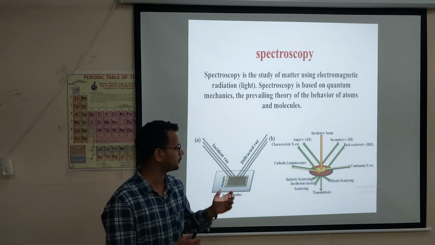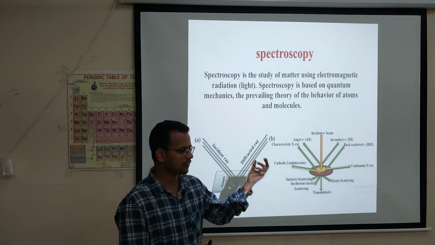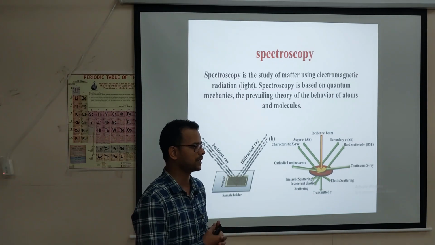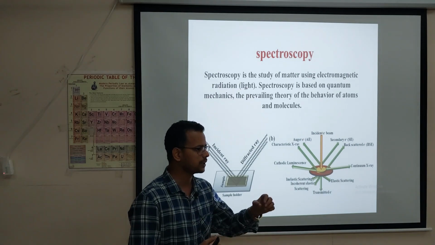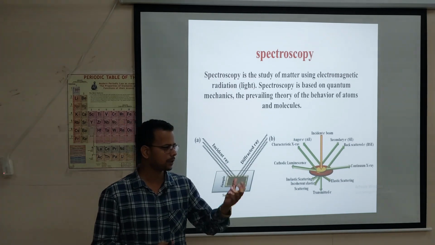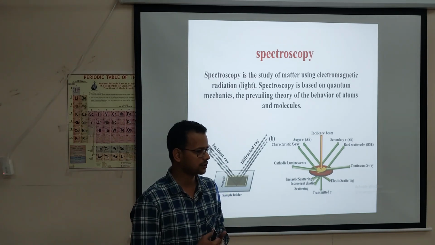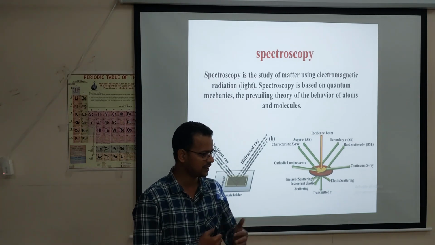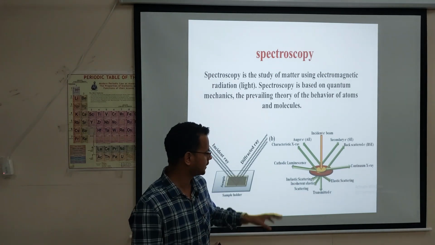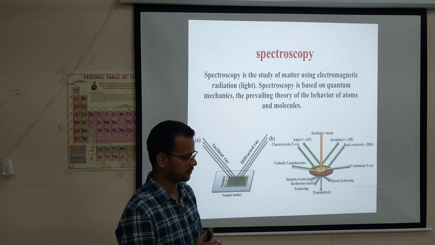On the basis of the reflection, refraction, diffraction and transmission, we will get various information about the matter. We get some information from diffraction, some from the reflected ray, some from the transmitted ray, some from the refracted ray, like this, okay. This is the interaction of matter and light, clear.